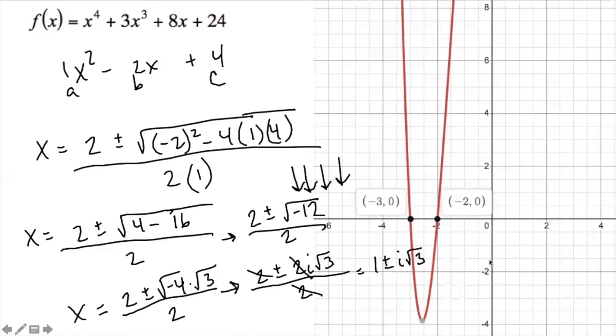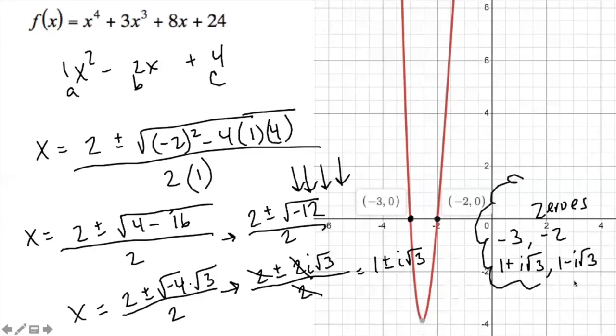So in an overview, the zeros of this function are the negative 3 we got off of Desmos, the negative 2 we got off of Desmos, and then the imaginary ones come in pairs. We have 1 plus i root 3, comma, 1 minus i root 3.